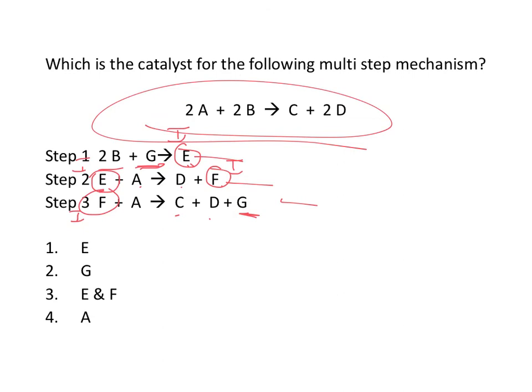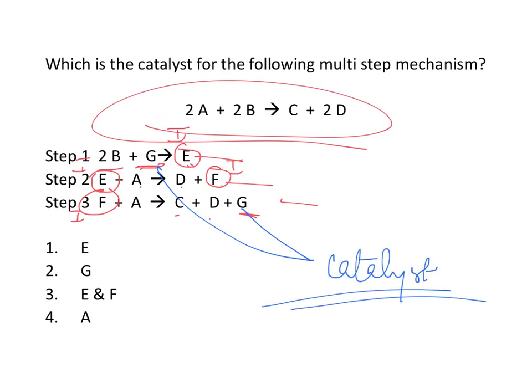So what do you think? Hopefully you are thinking what I'm thinking, that G should be your catalyst. Okay, so can I say that if G got used up and G got generated, basically its concentration is going to remain constant?